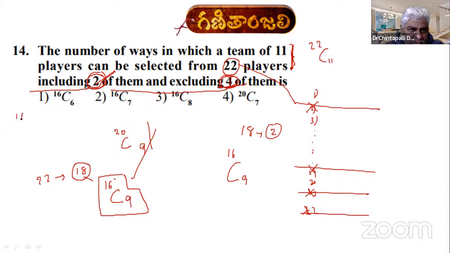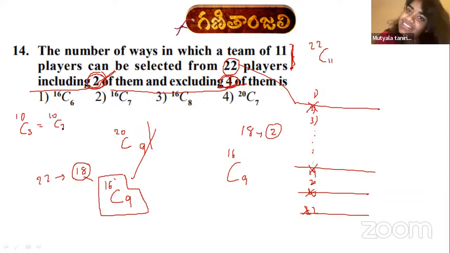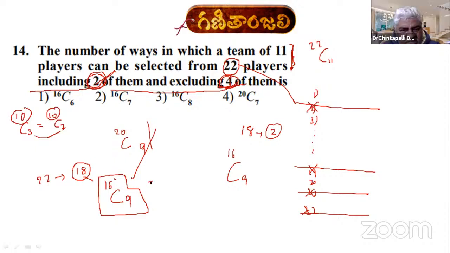In the beginning, 10C3 is equal to 10C7, because 3 plus 7 is 10. So 16C9 is equal to 16C7, because 9 plus 7 is 16. The answer is option 2. Very good.